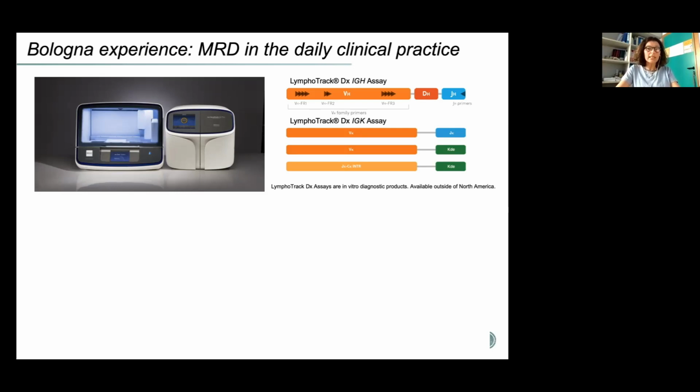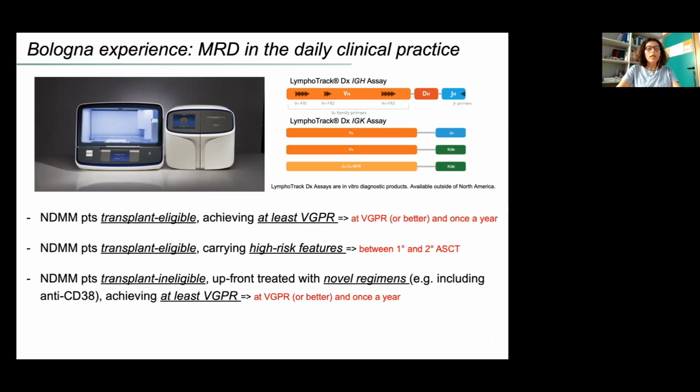We also decided to employ the LymphoTrack assay for MRD analysis, which allows the analysis of IgH and IgK. In agreement with the clinical team, we decided to include in this type of analysis newly diagnosed, transplant-eligible patients achieving very good partial response, that is, a very good quality response.